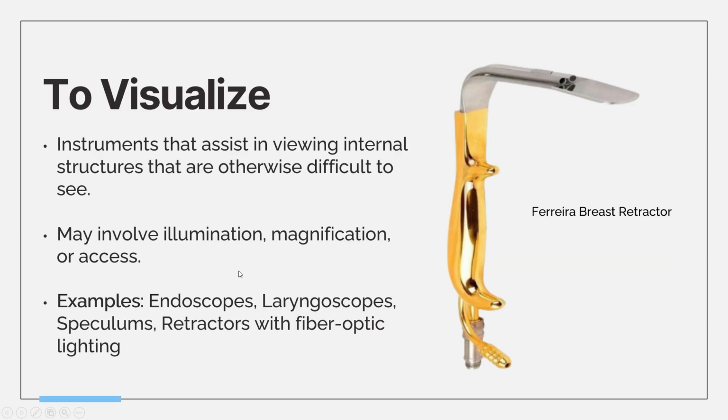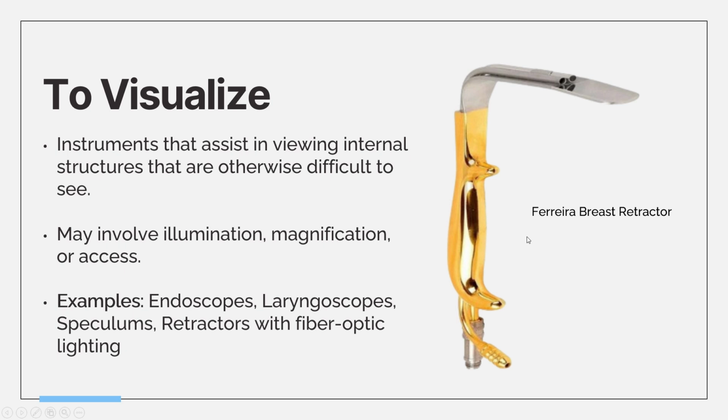And next we have visualizing instruments. Very common ones are endoscopes and even microscopes. They allow surgeons to view internal organs or tissues, often during MIS procedures, or minimally invasive surgical procedures. These instruments provide critical visual guidance to enhance surgical precision, which minimizes risks and improves patient outcomes.